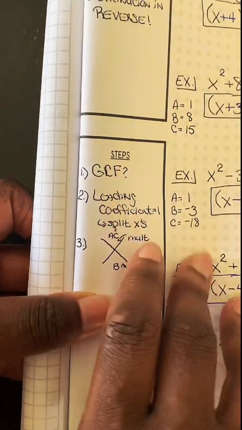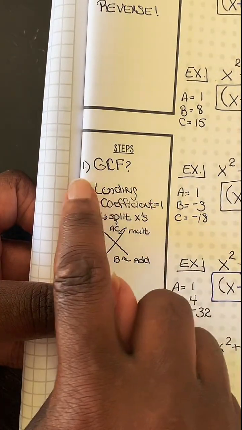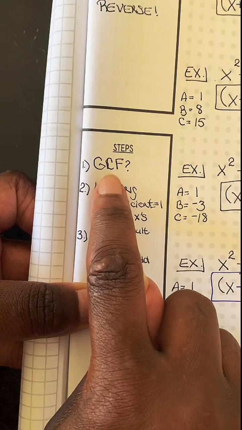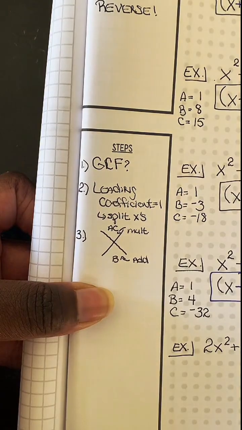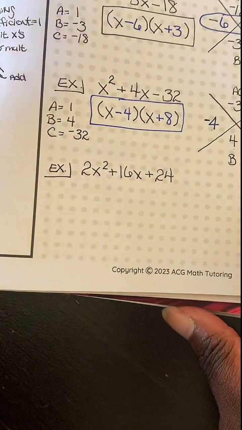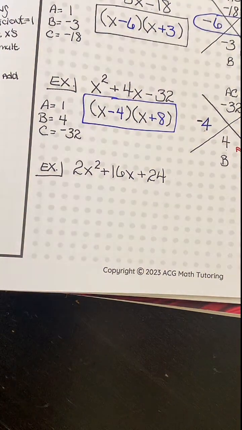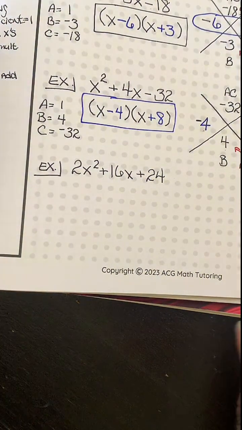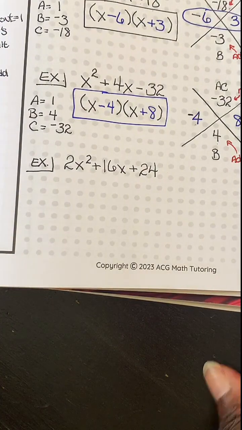Anytime they ask you to factor, you should always think, do I have a GCF? That should always be your first thought. So now, with that little bit of information, let me turn this on because the sun has shifted. Do we have a GCF?